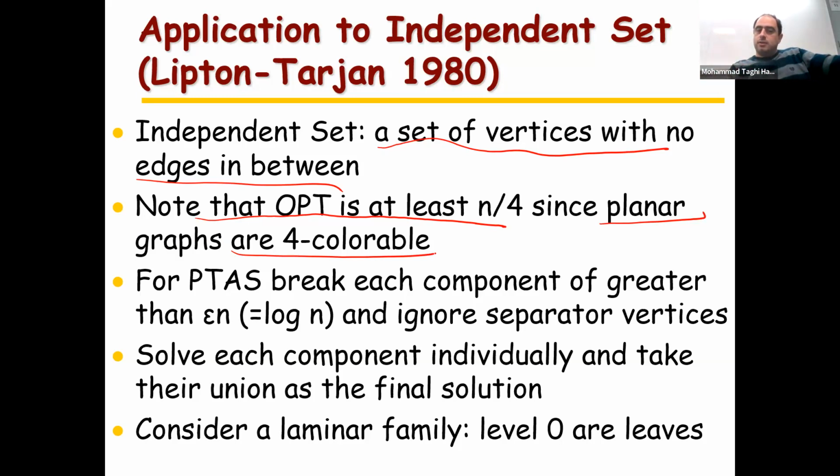So we know the four-color theorem. It means that a planar graph can be colored by 4 colors, such that no two adjacent vertices have the same color. This says that the size of the independent set in a planar graph should be at least n over 4, because each color class is an independent set, so if you take the largest of them, it is at least n over 4.